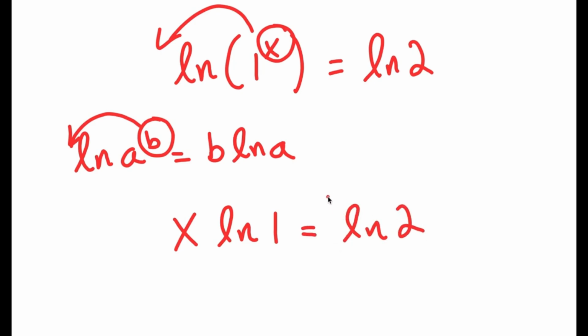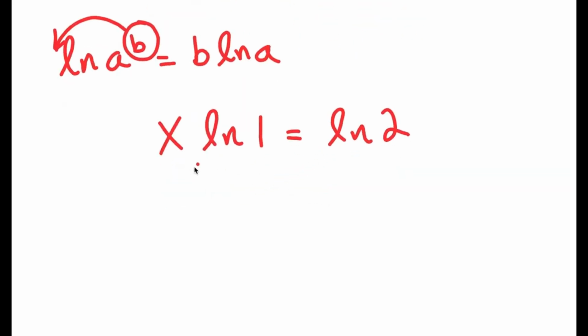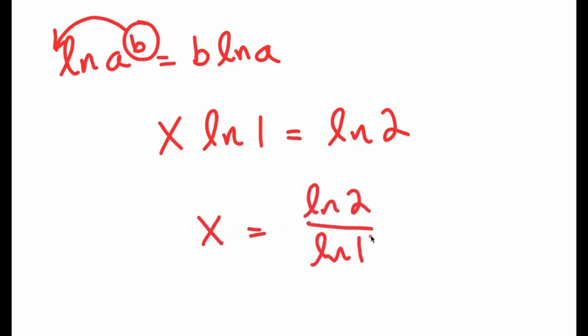And you may be thinking, we could just divide both sides by ln 1 and x would equal ln 2 over ln 1. However, the only problem with this is that ln 1 is equal to 0. And remember, anything divided by 0 is undefined, so this would be undefined.